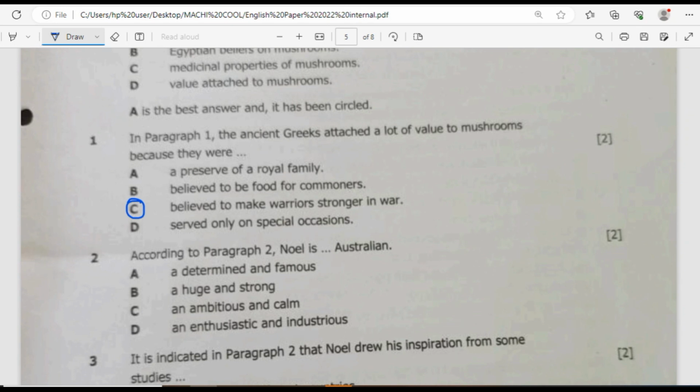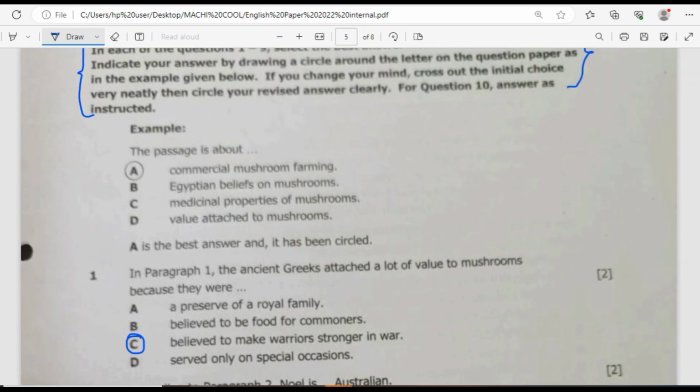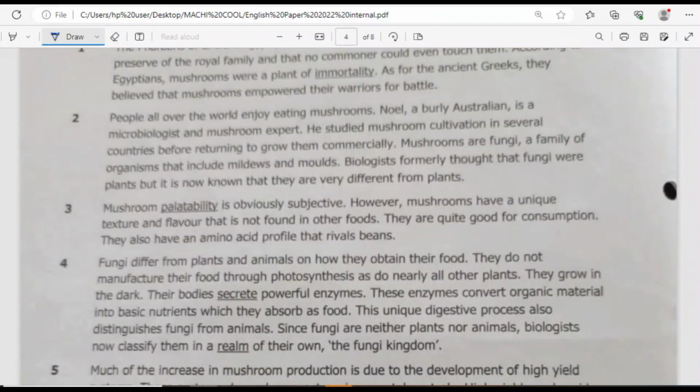Okay, so we can move to: according to paragraph 2, Noel is a dash Australian. The answers: A, determined and famous; a huge and strong; an ambitious and calm; an enthusiastic and industrious. So we can look at paragraph 2. People all over the world enjoy eating mushroom. Noel, a bully Australian, is a microbiologist and mushroom expert.